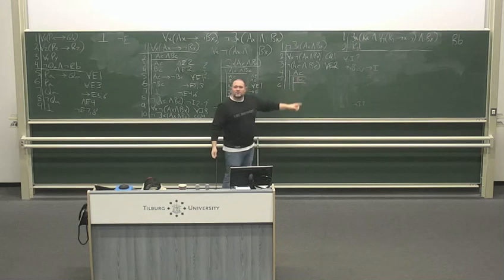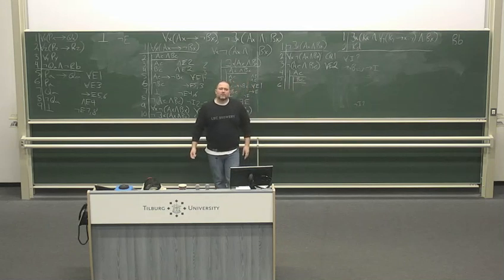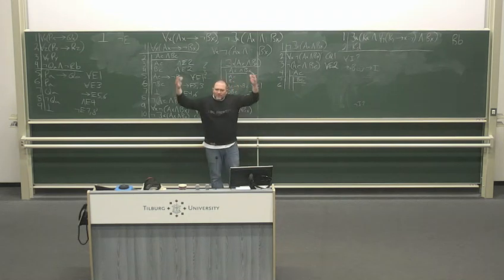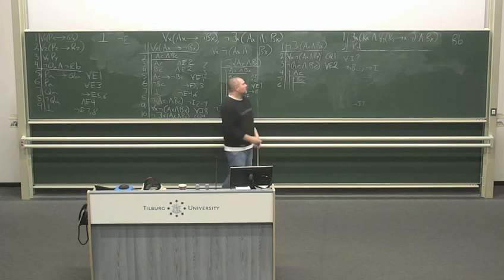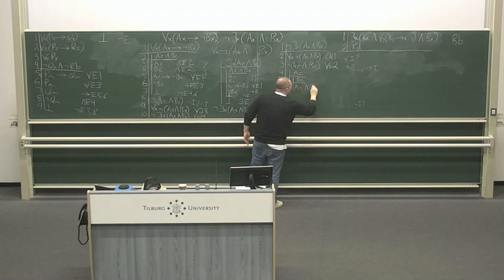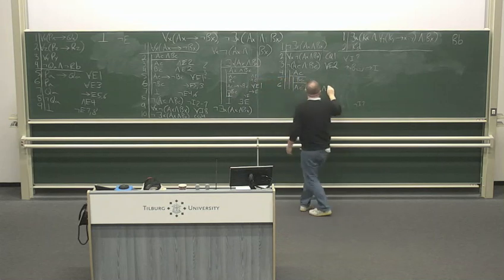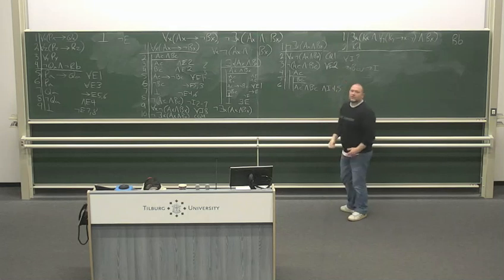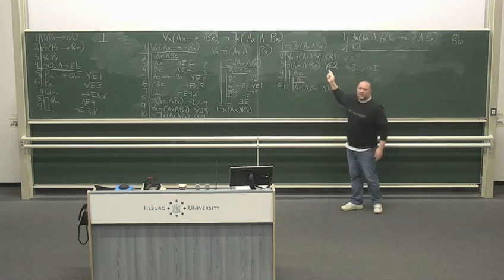What rule do we need to use here? What do we need to do at step 6? Conjunction introduction. Right. We want to take these two and stitch them together to give us the unnegated version of what's at 3.